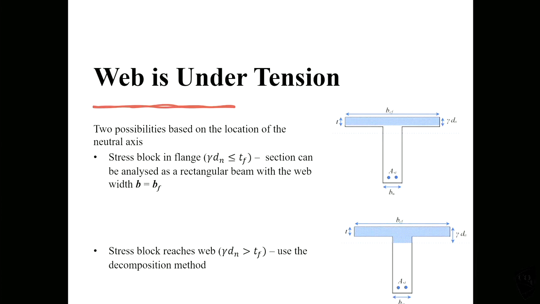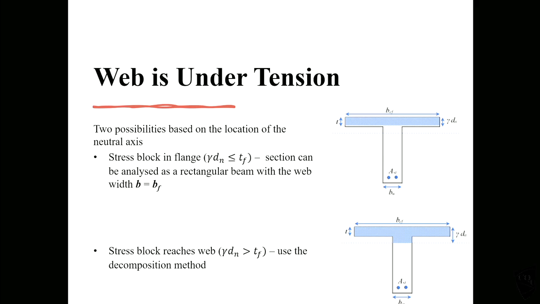So only when the stress block reaches the web area, the area of the concrete will be alpha 2 F dash C times the area of this section.